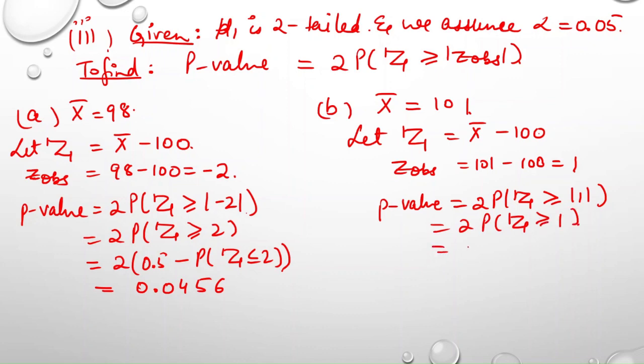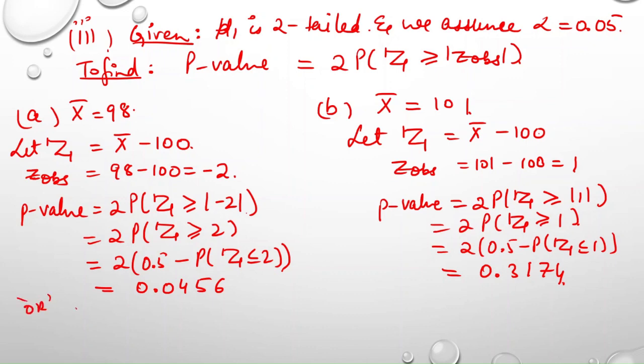So this is 0.5 minus P of Z less than or equal to 1, and finally the answer that we are getting is 0.3174.